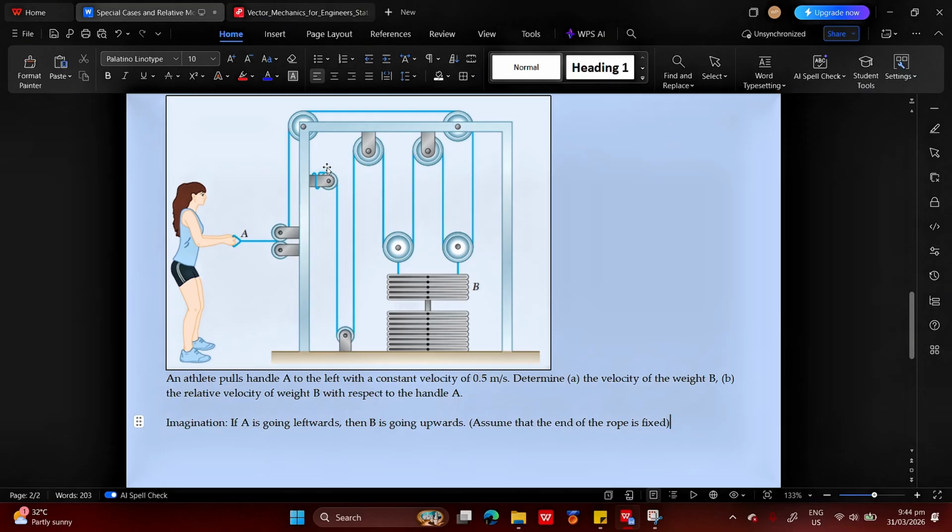Then how is this, if it's getting pulled away? Of course, this will fall down. It will not rise up if this end of the rope is not fixed. It must be fixed, according to imagination, so that B will be able to go upwards. Right, so how do we solve it?